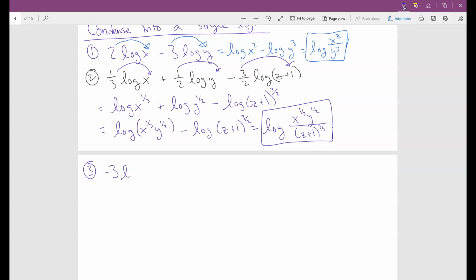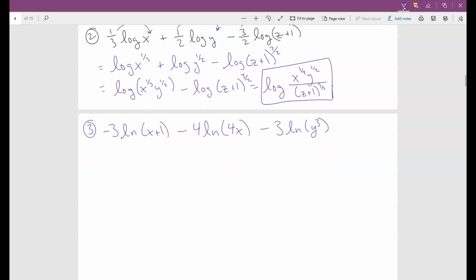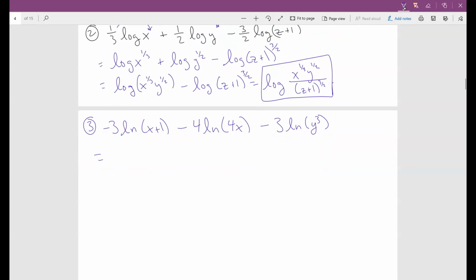Let's do ln now. ln of x plus 1 minus 4 ln of 4x, and then minus 3 ln of y cubed. Okay, so let's handle one thing at a time.